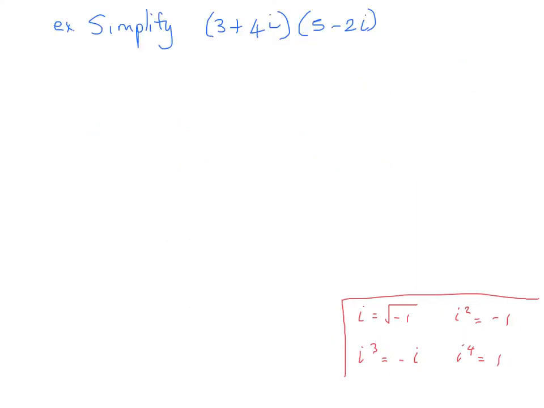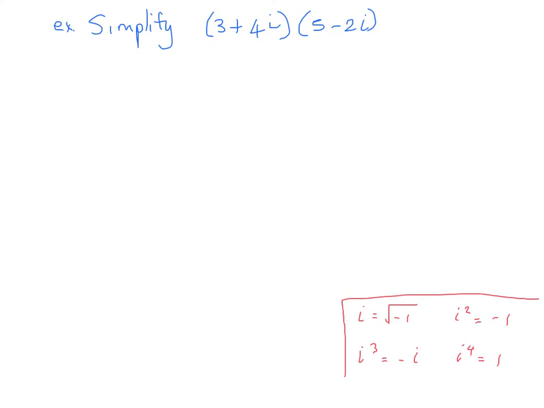Now, when multiplying complex numbers, we also treat them in the exact same way we would treat regular expressions with variables. Here we have two binomials, and we're being asked to multiply them. As you know, in a case like this, we need to distribute everything with everything else.